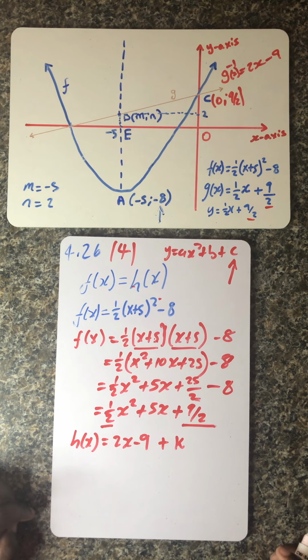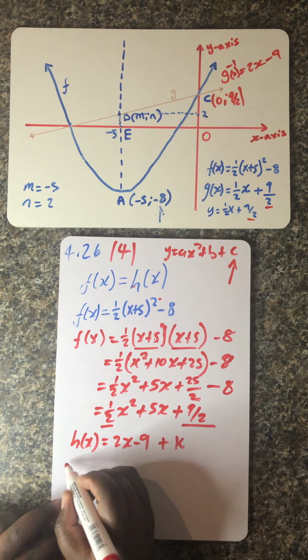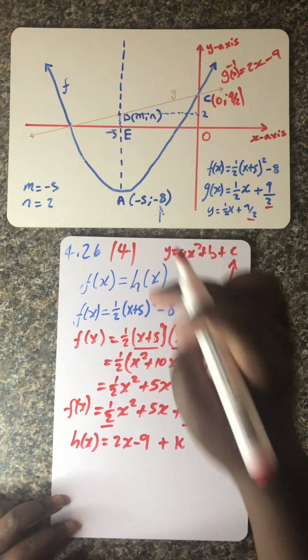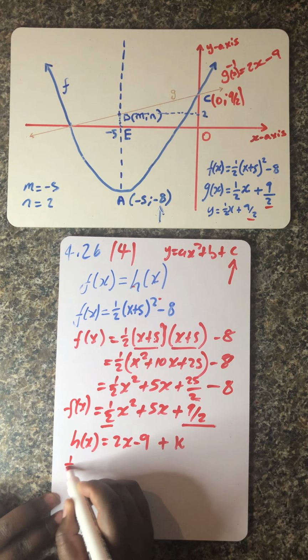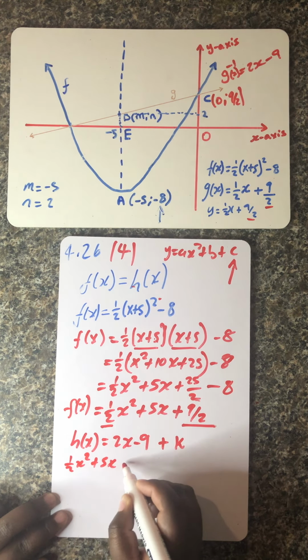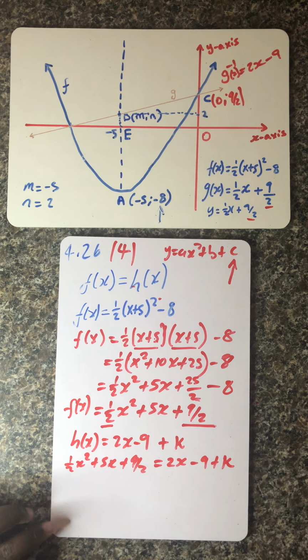So that means now I can equate these two equations. This is the equation of f of x, and this is the equation of h. So I can just take these two equations and equate them. So you've got a half x squared plus 5x plus 9 over 2 is equal to 2x minus 9 plus k.